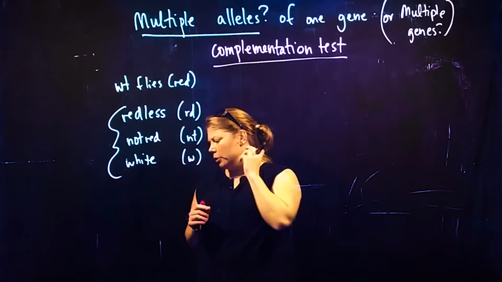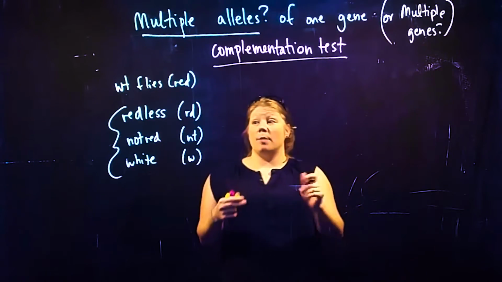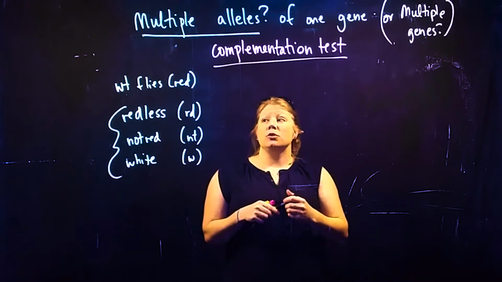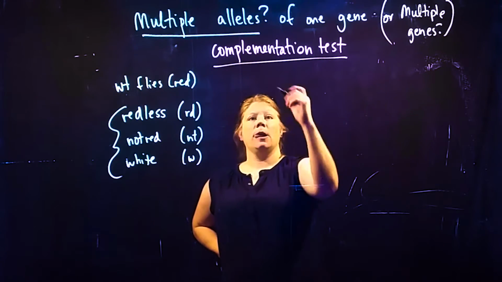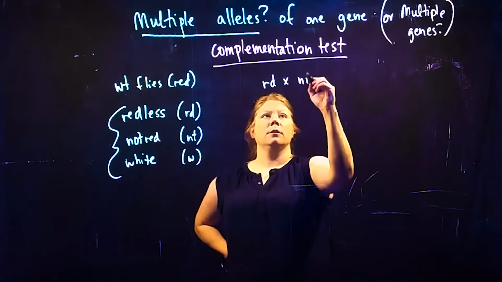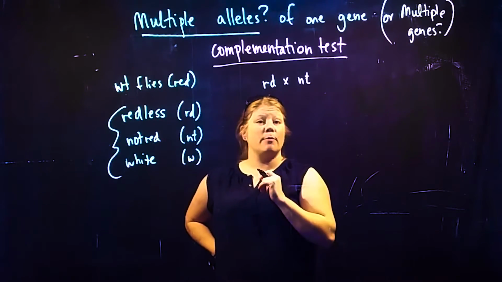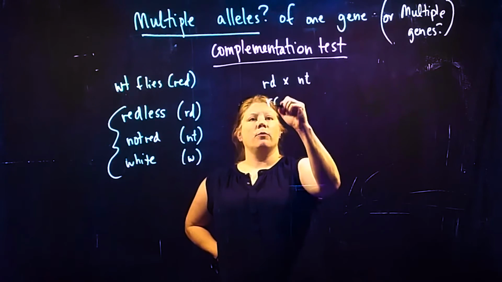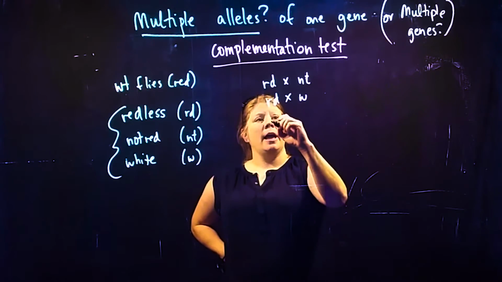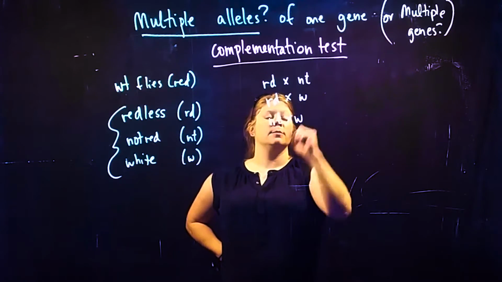So what I want you to do is perform a series of crosses together. We'll cross, for example, redless times not red, NT, and figure out what that progeny looks like. Redless times white, what's the phenotype of that progeny? And then not red times white.